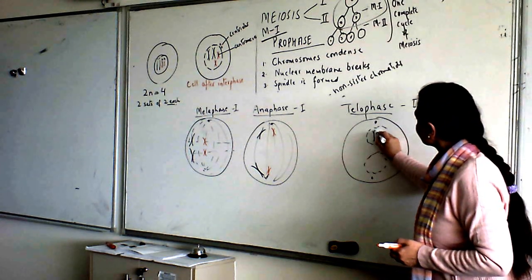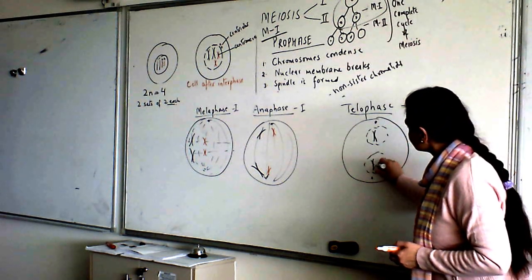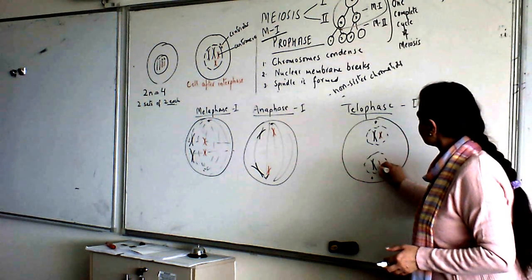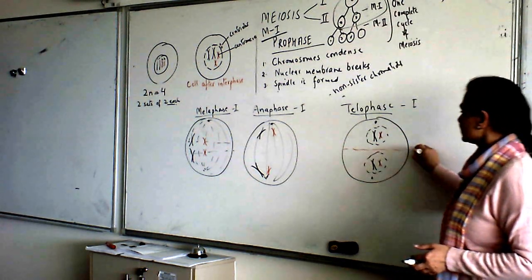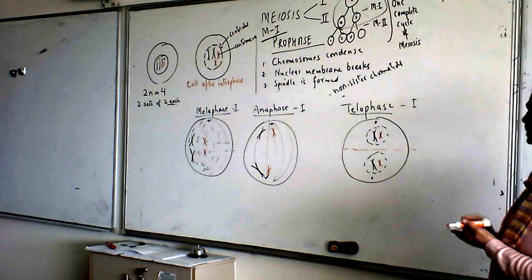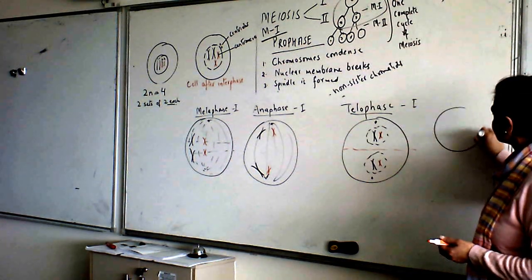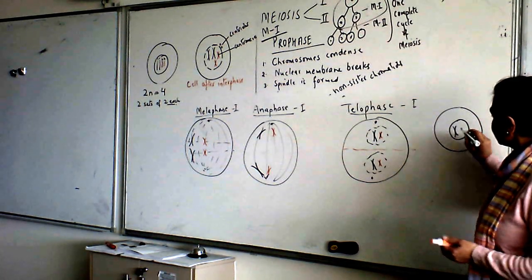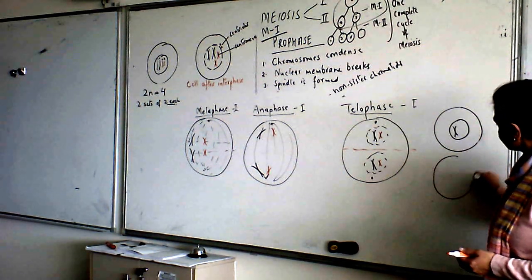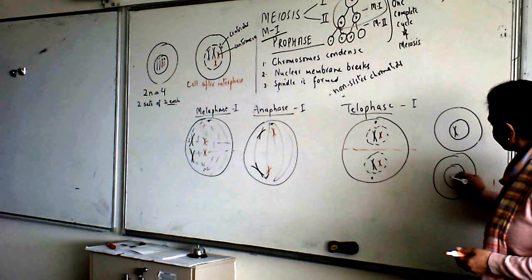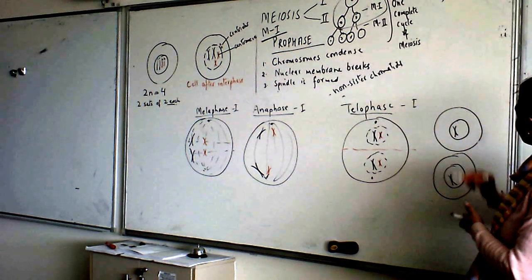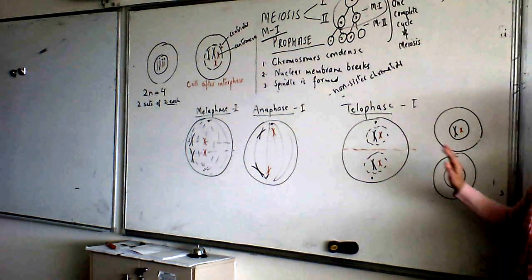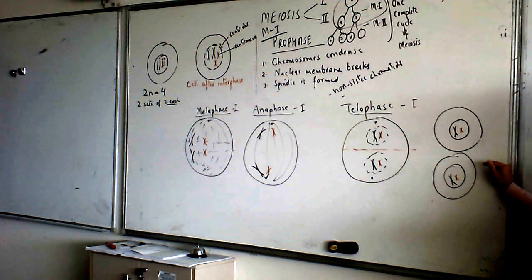The doubled up chromosomes start gaining water, and it's going to make 2 cells finally. So this is going to split by cytokinesis, and the result is 2 daughter cells with 2 chromosomes each. That is the telophase with cytokinesis.